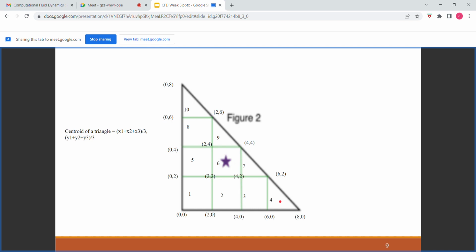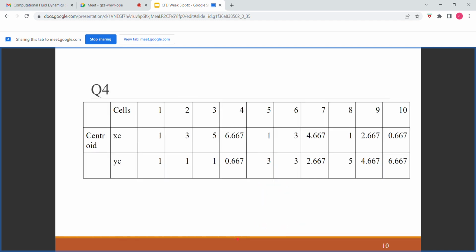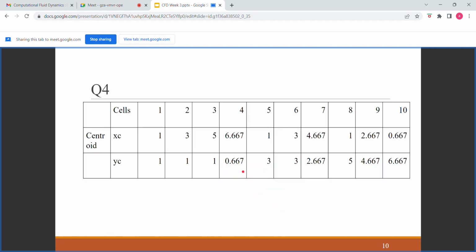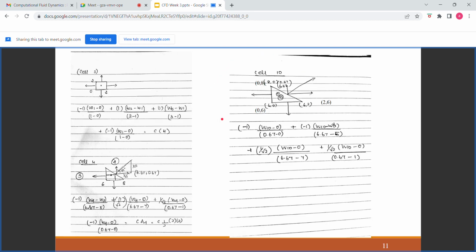For x it is 6 plus 6 plus 8 divided by 3, which gives 6.67. For y it is 0 plus 2 plus 0 divided by 3, which gives 0.67. The centroids of all the cells are also calculated.